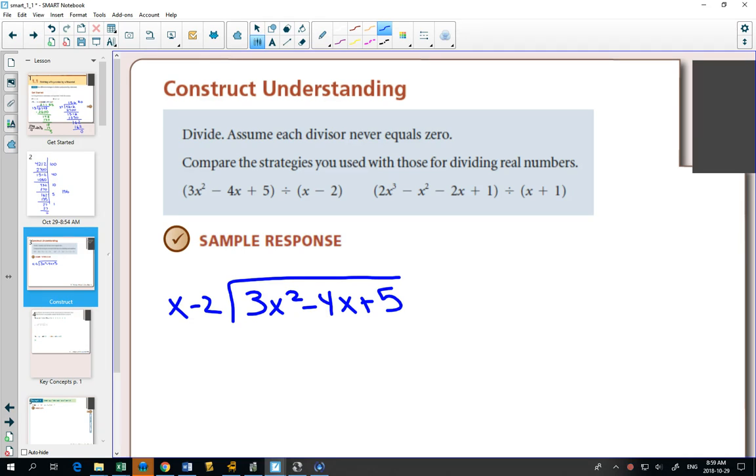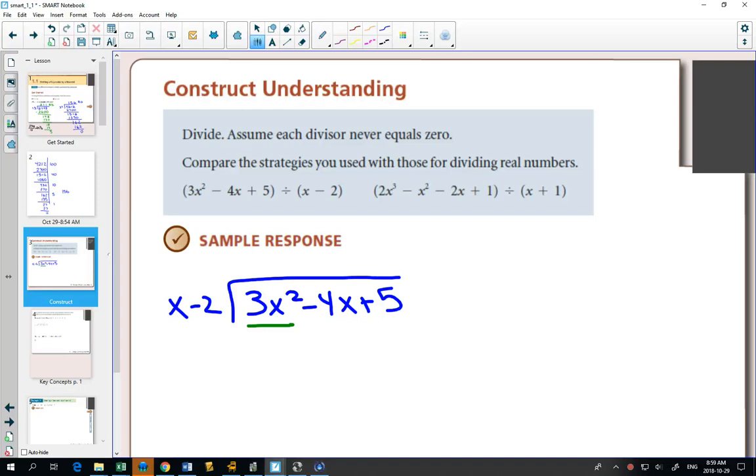And so what we did before, and I'm going to switch colors here to help you see it, is in the long division technique, you start looking from left to right, and you look at your biggest numbers, and you said, could I get rid of that? Okay? And you thought, is there a number that I could put that would multiply by what I'm dividing by to get close to this?